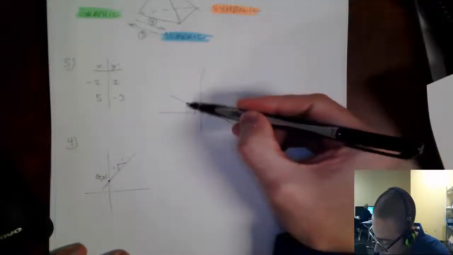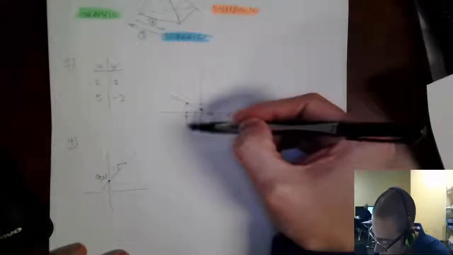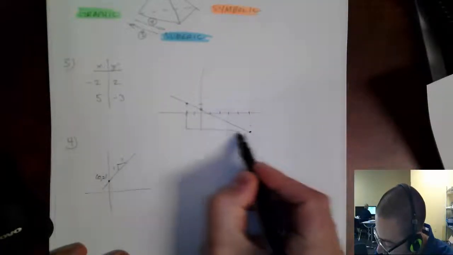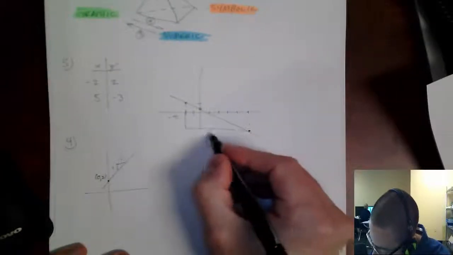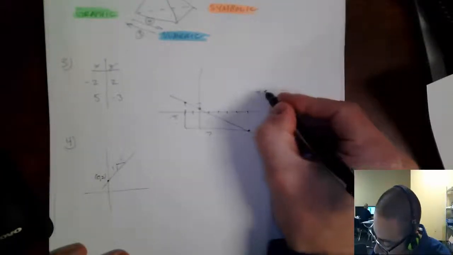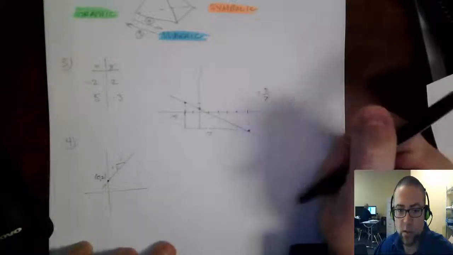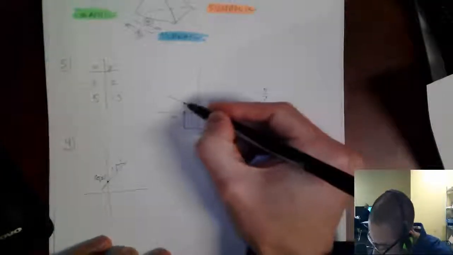It's going down, let's see, 2 and then 3 more, so it's going down 5 and over, so negative 5 over 2 and 5 makes 7, so it has a slope of negative 5/7, so usually the slope is important. So for every 1 it's going down 5/7.